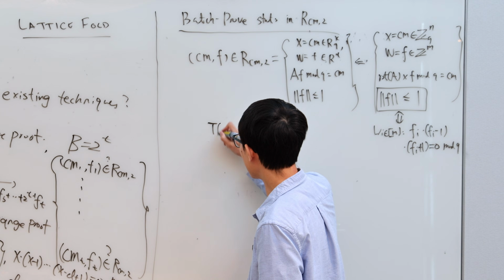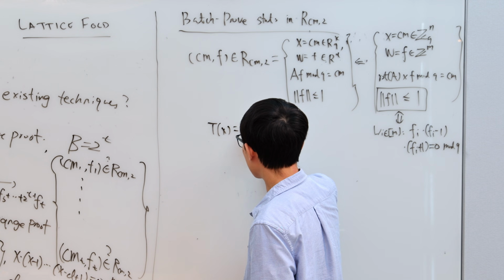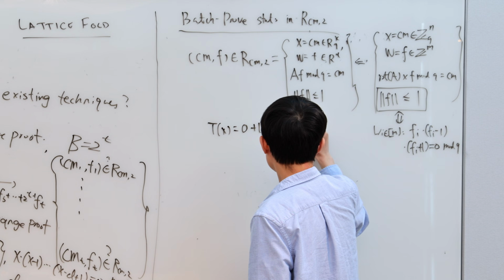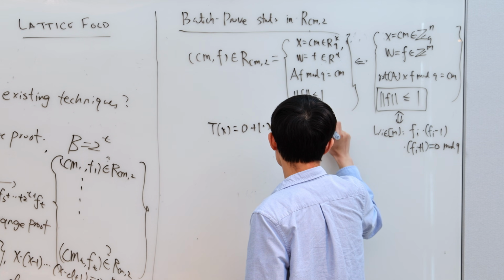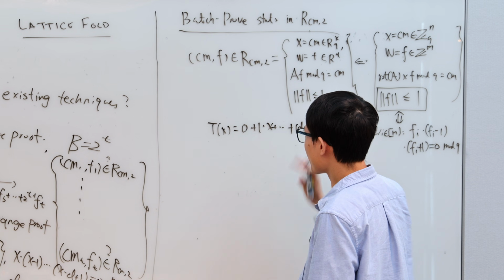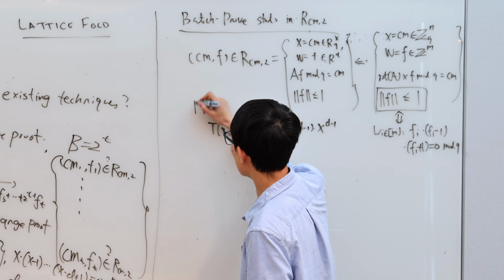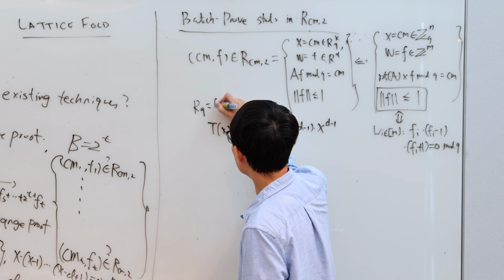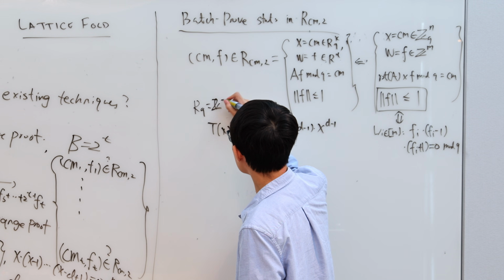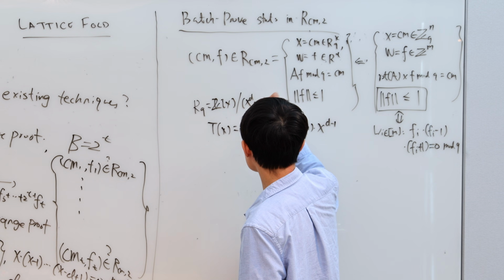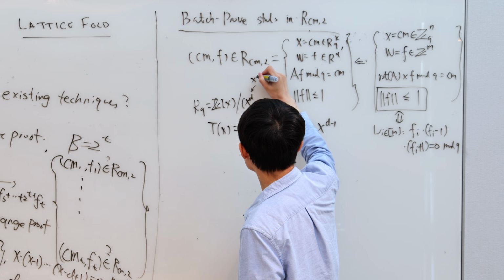For example, you can define T(x) to be something like 0 plus 1x plus up to (d minus 1) x^(d-1). And for simplicity, let's assume Rq is slightly different, to make my explanation much easier. Actually, the ideal here is x^d minus 1. So x^d is the same as 1.